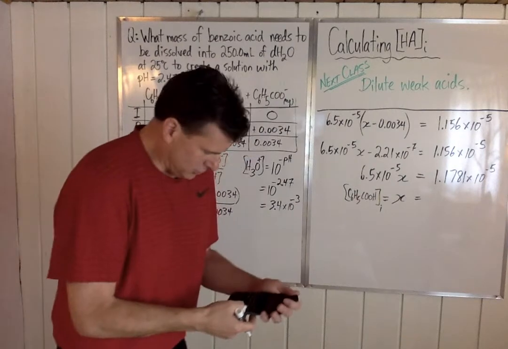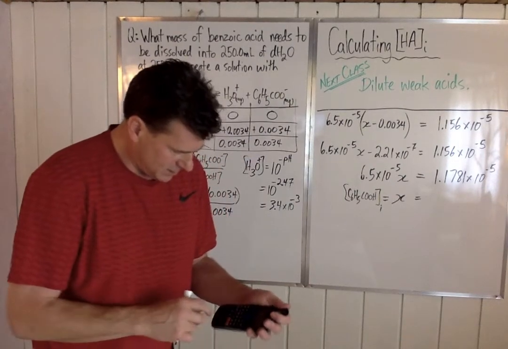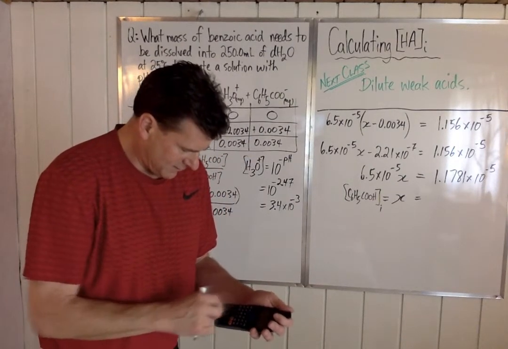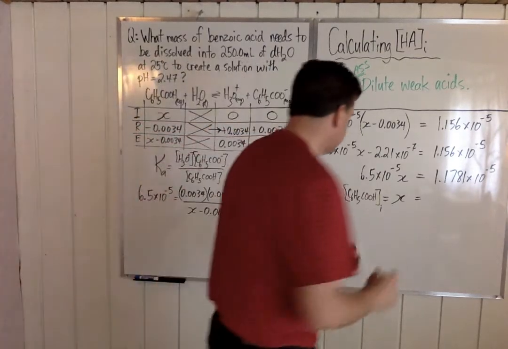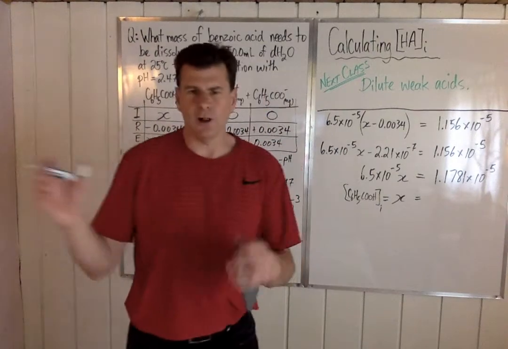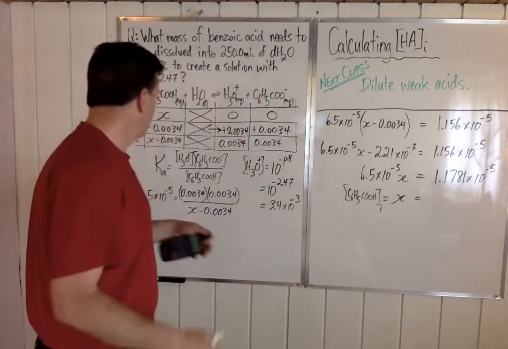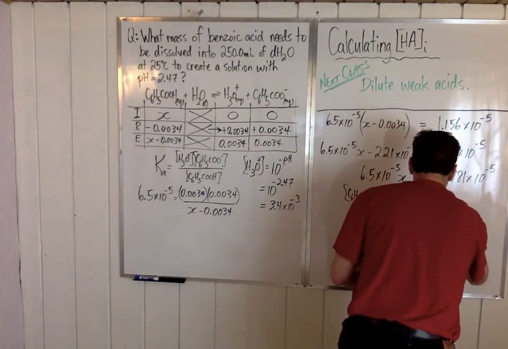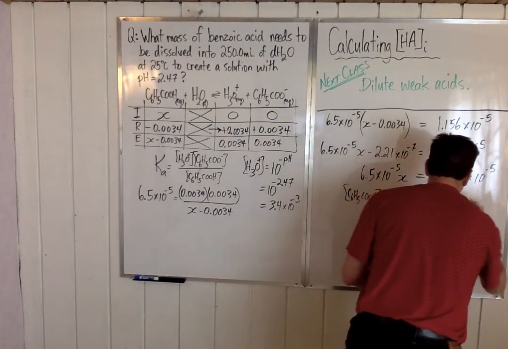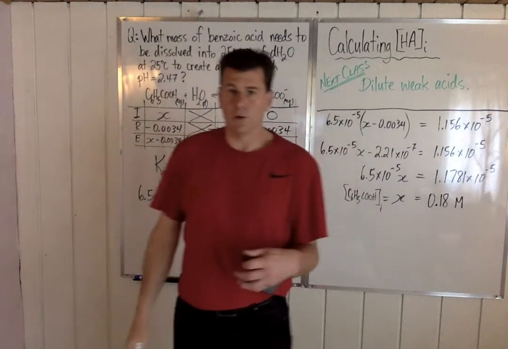And it comes out to, let me just do it here, divided by 6.5 times 10 to the negative 5, and following sig figs all the way back, I get 2 sig figs at this point. So I've got 0.18 molar.